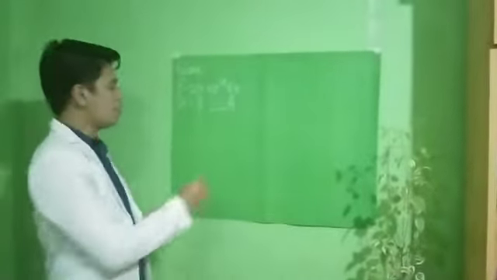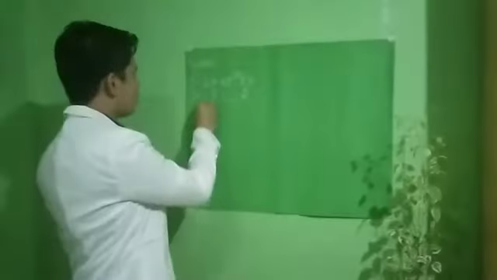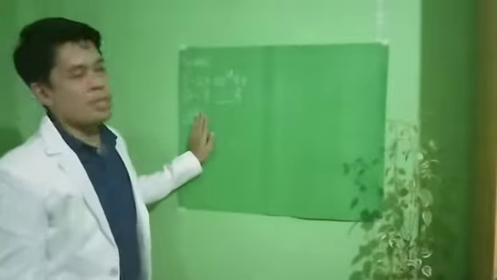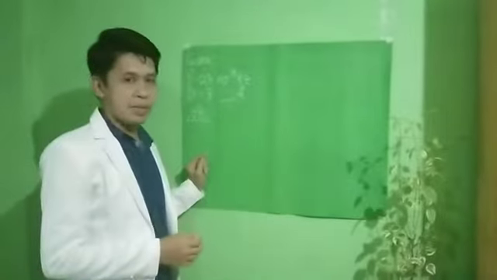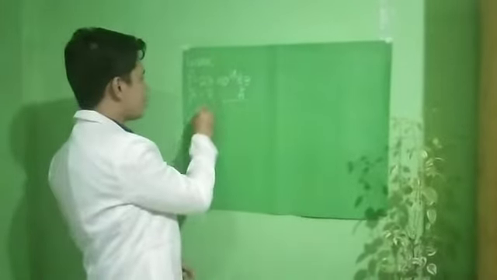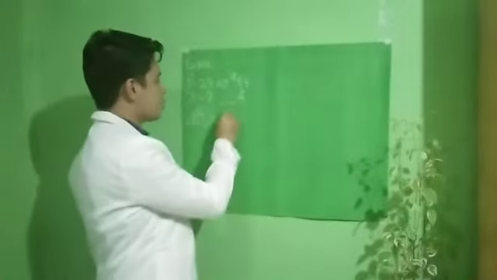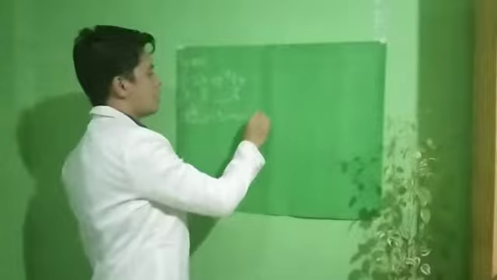So we use the wave equation. When we are going to find the wavelength, we have to cover wavelength, which means velocity divided by the frequency. Of course, the velocity is constant, which is the speed of light. This is 3.0 times 10 raised to 8 meter per second.